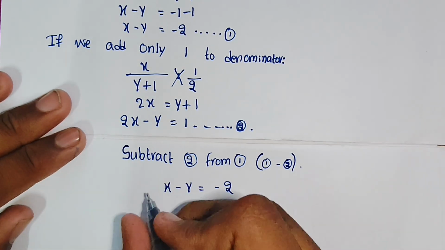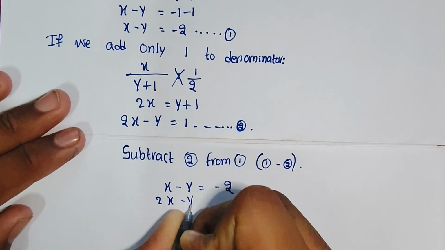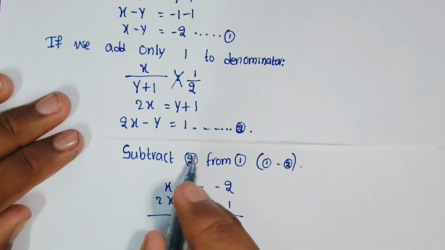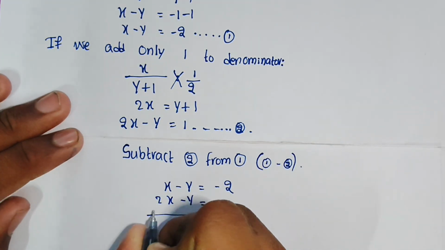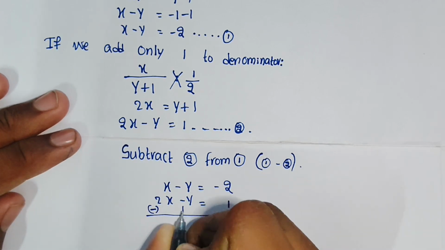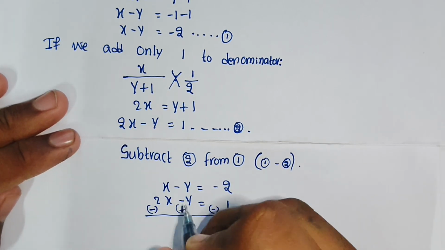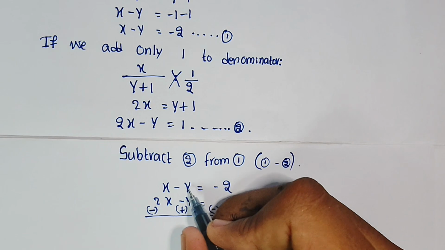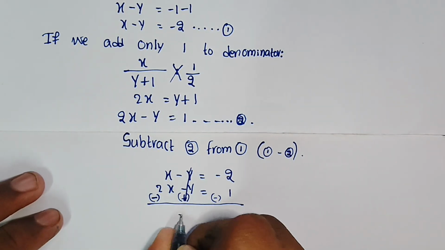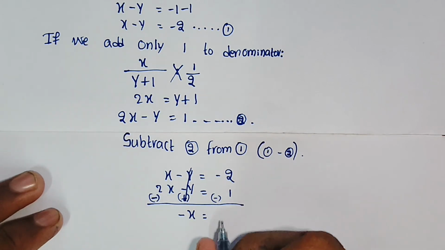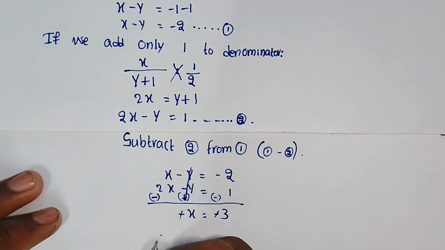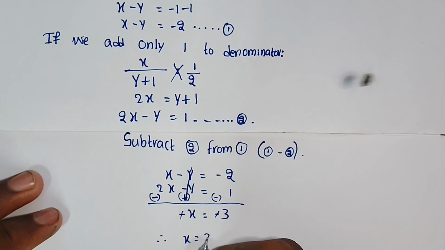Equation 2 is 2x minus y equals to plus 1. We said subtract equation 2 from equation 1, so here symbols will be changed. It becomes minus, it becomes plus, it becomes minus. Plus y and minus y cancel, and minus 2x plus x, minus x equals to minus 2 minus 1, minus 3. Here minus and minus gets cancelled, therefore x equals to 3.